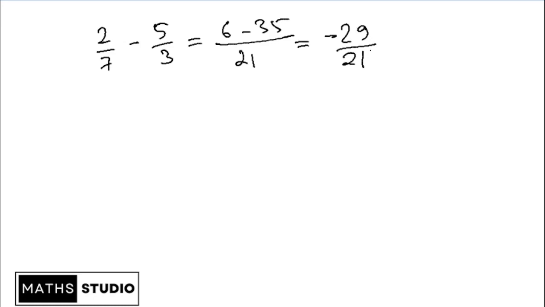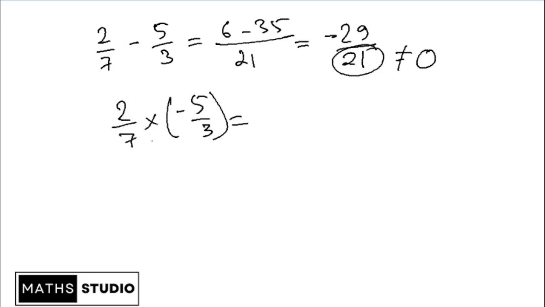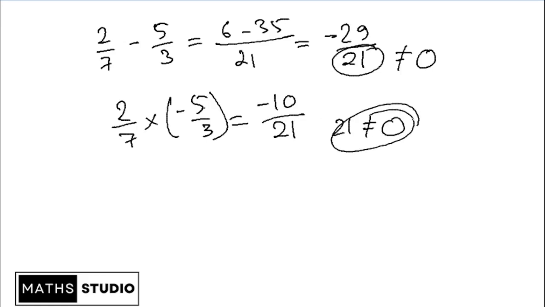Again Q is not equal to 0 and they are co-prime to each other, so overall it gives me a rational number. Now 2 by 7 into minus 5 by 3 gives 5 twos are 10, minus 10 by 21. Again 21 is not equal to 0, so this also gives me a rational number.